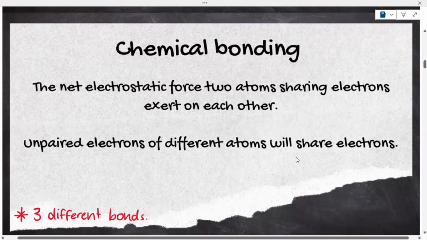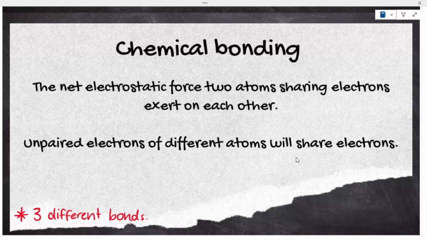So it's all about the interactions with our atoms and specifically the electrons, because they have a lot more movement compared to the other subatomic particles. So the whole idea of chemical bonding has to do with electrons, whether we're transferring them, whether we're sharing them, or whether we have delocalized electrons.